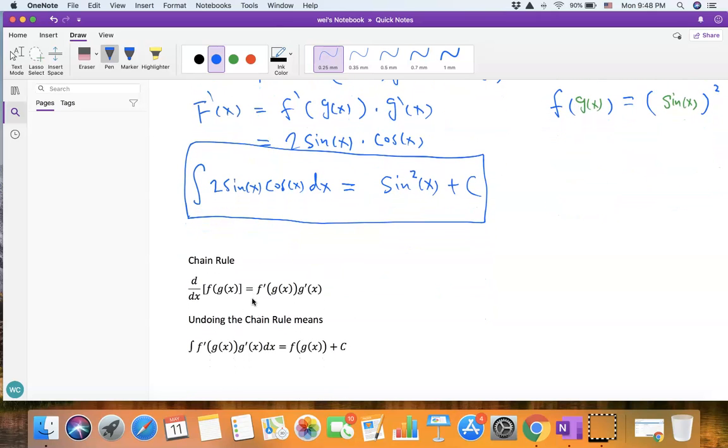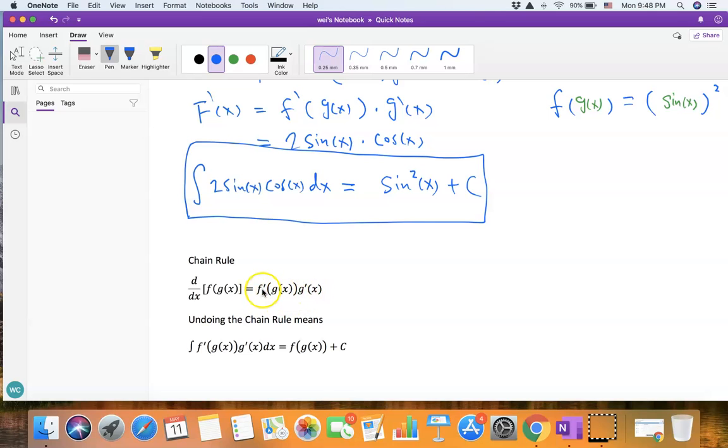So if we summarize here, suppose I have a composite function which I write as f of g of x. Here I let the f be the out function and the g of x be the inner function. When I take the derivative of this function, the chain rule gives me this result, right?